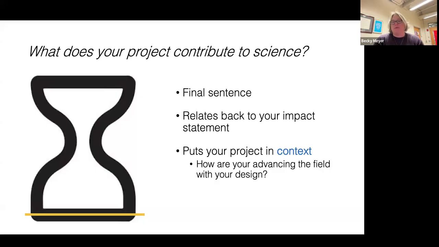You'll clean it up and make it more concise, but you're tying these two ideas together and showing that your project is the bridge between those two ideas. So you really put your project in context of the field. You set up an important problem. You talked about how you would go about solving a part of that problem, and then you reiterated at the very end how your project actually advances things for this particular problem you set up.